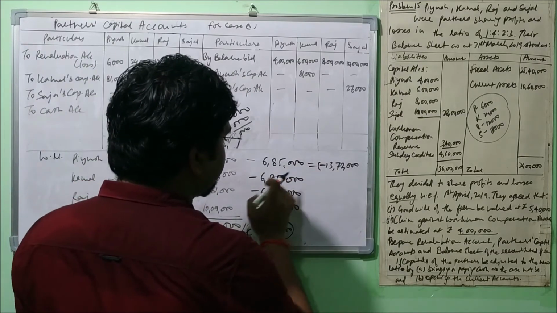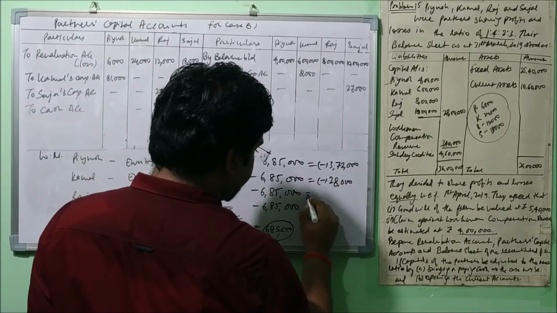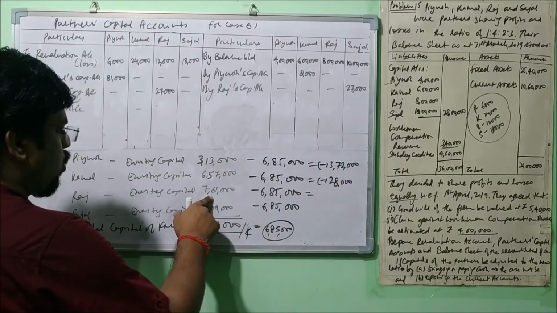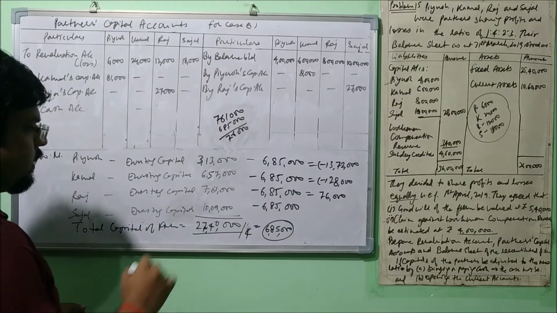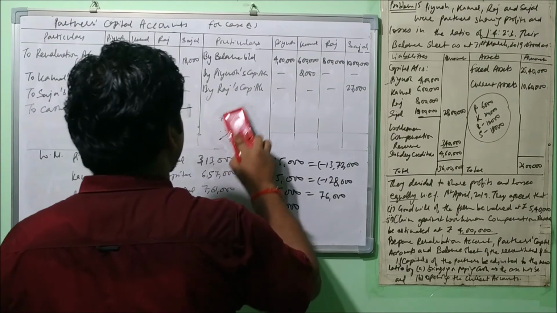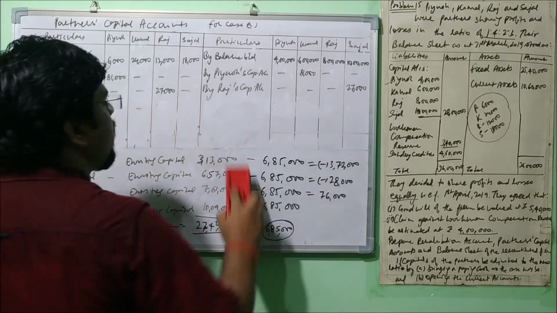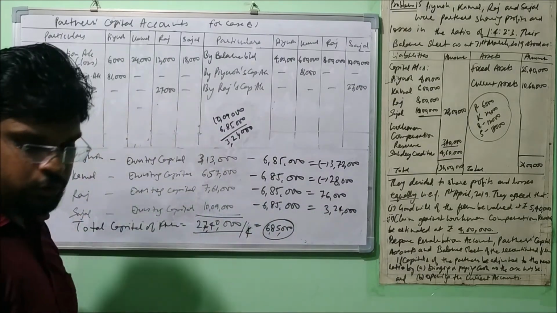Similarly, we'll calculate for these people. So Kamal will bring 28,000. Okay, but Raj's capital is more, so he will withdraw 76,000, right? Similarly, Sajal will also withdraw because his existing capital is also more than the required capital. 3,24,000, he will withdraw. Understood the point?